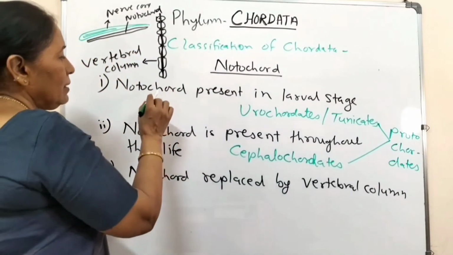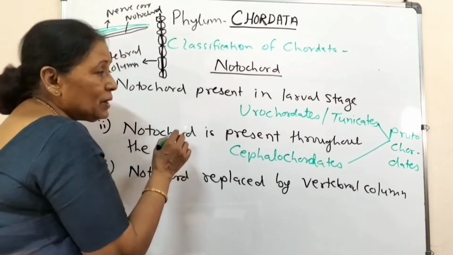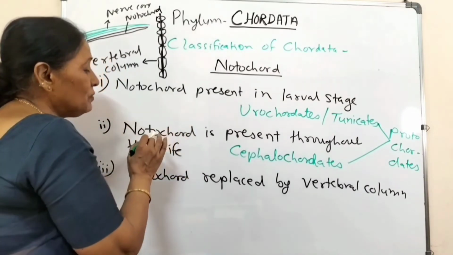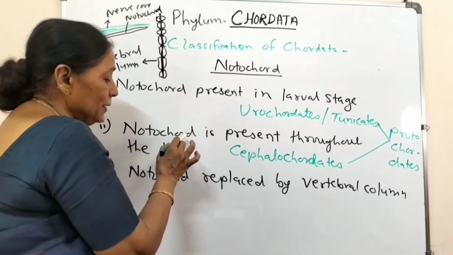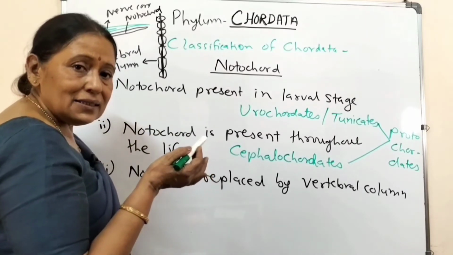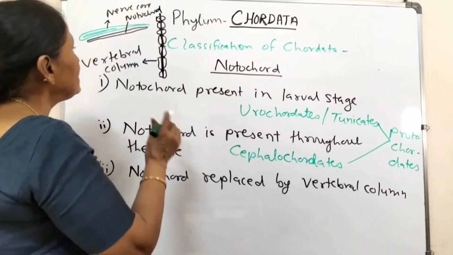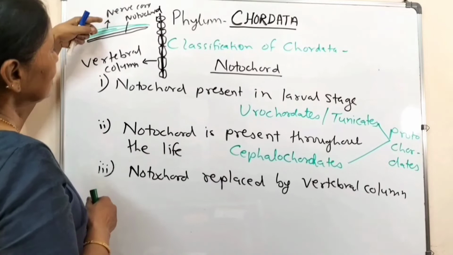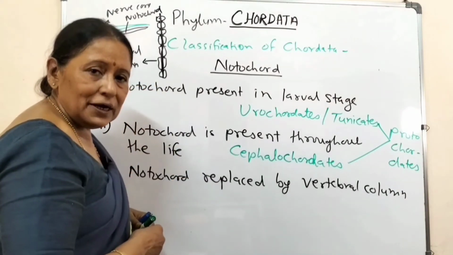In both of these, the organism is at the notochord stage, whether it remains only in the larval stage and then disappears, or it remains in the notochord condition throughout life. These are the two notochord groups. Here the notochord gets replaced. In the adults it is not found, and there is a vertebral column which now covers the CNS so that it provides protection to the spinal cord.